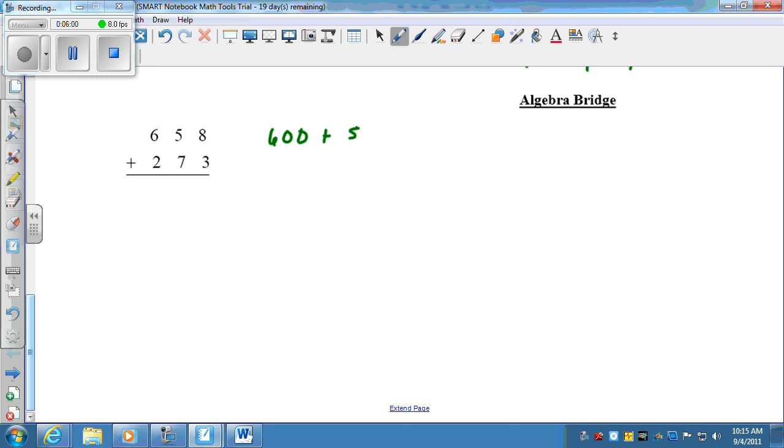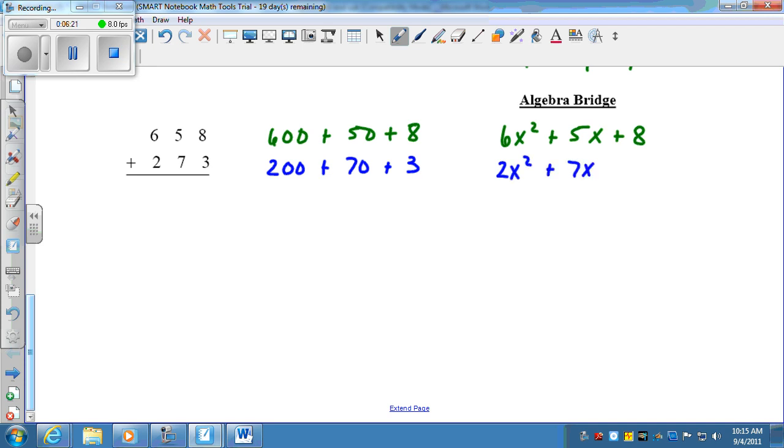600 plus 50 plus 8 in algebra would be 6x squared plus 5x plus 8. Converting my next number into its parts, decomposition, 200 plus 70 plus 3 would be 2x squared plus 7x plus 3. x squared is always going to be 100.